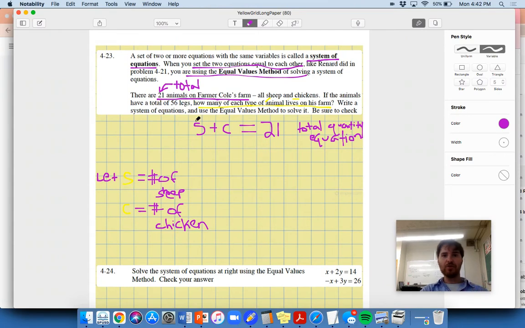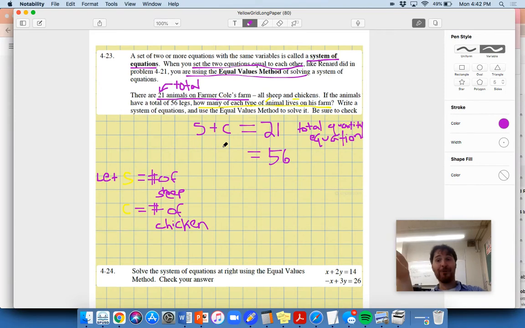If the animals have a total of 56 legs, oh, interesting. 56 legs. So I'm going to set this equal to 56, and it's not going to be S plus C equals 56 because we have 21 of those animals there. Well, we got to think about how many legs we have then. Well, per every one sheep, how many legs is that?